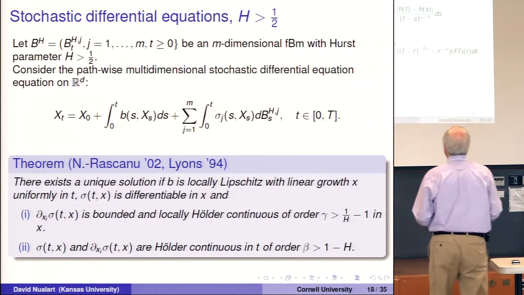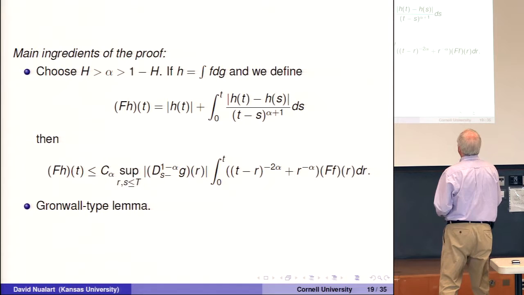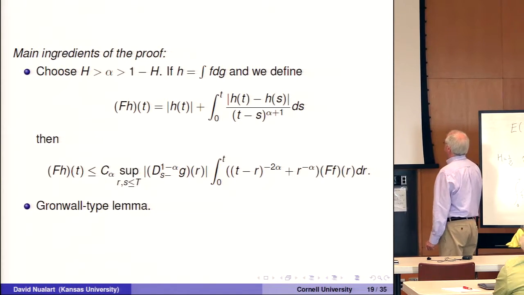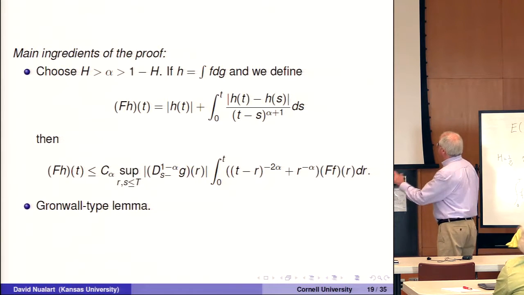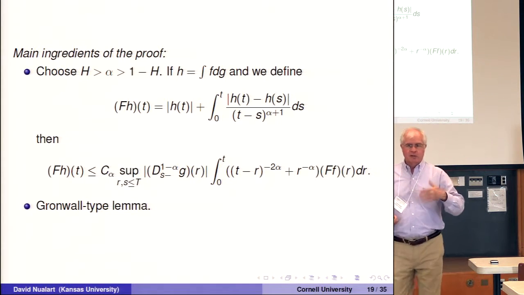The method of proof we used with Riemann was based on these fractional integrals. Essentially, we chose an alpha between H and 1 minus H, introduced this operator, and proved an a priori bound on this operator, in the sense that it is bounded by an integral of some integrated kernel times the same operator applied to f. This is the basic a priori inequality that allows you to iterate.